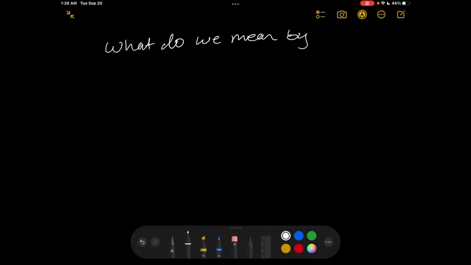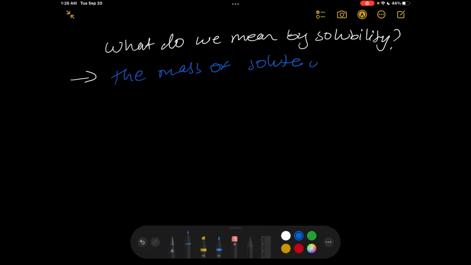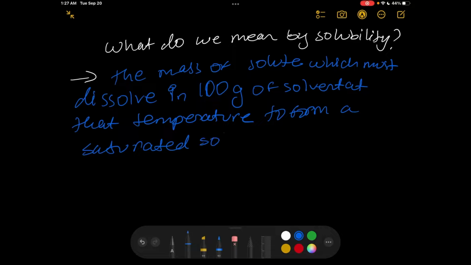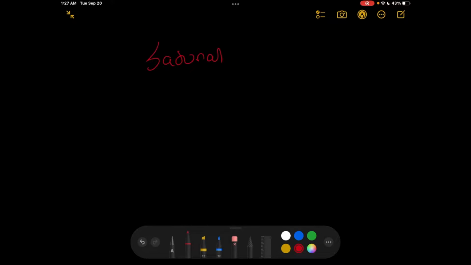Now, what do we exactly mean by solubility? Well, the mass of solute which must dissolve in 100 gram of solvent at that temperature to form a saturated solution is called solubility. Now, what do we mean by saturated solution?